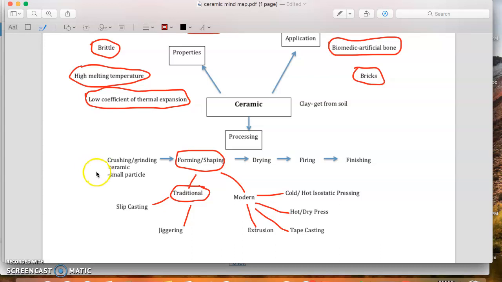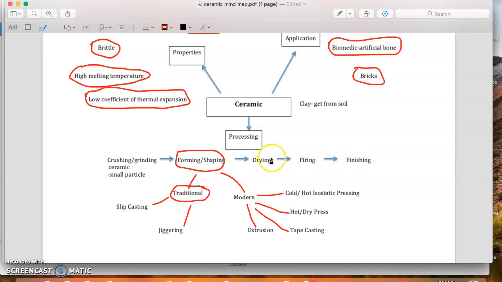The process looks the same as powder metallurgy. Both processes start with small particles of raw material and go for forming and shaping, and go for firing and finishing.